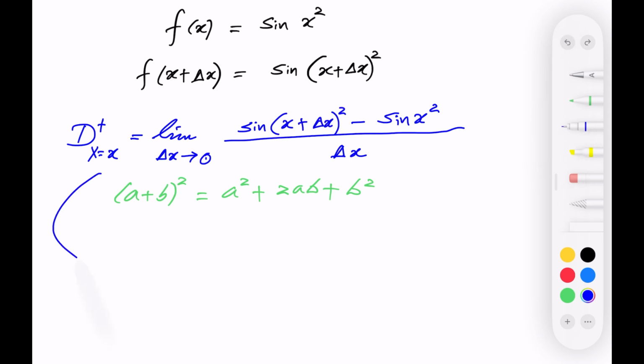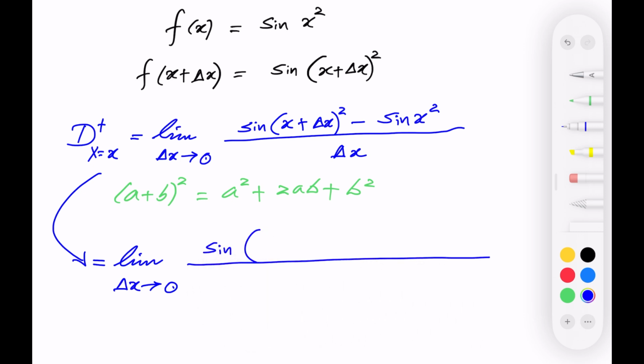So this is now equal to the limit as delta x approaches 0. On the numerator, I'm going to have sine of x squared plus 2x times delta x plus delta x squared, and then minus sine x squared. All of that has to be divided by delta x.